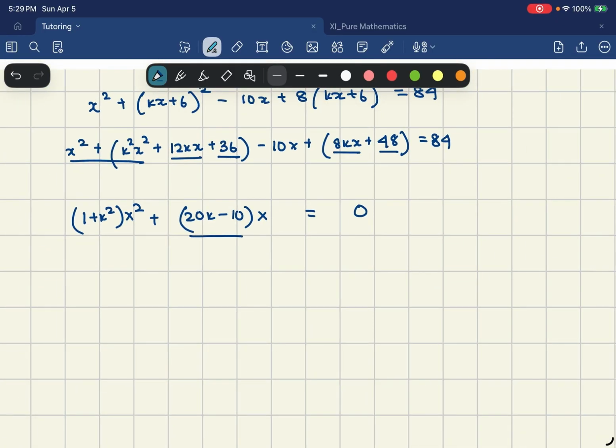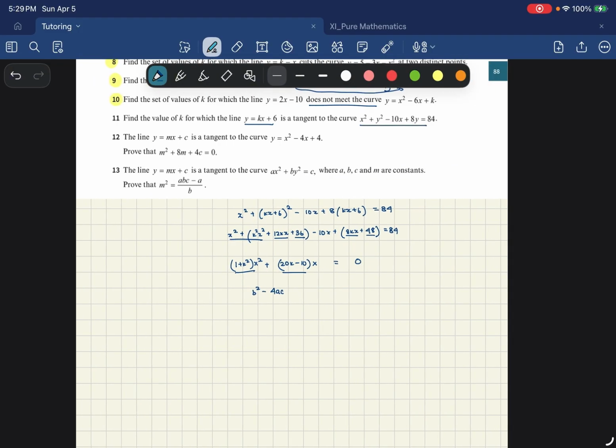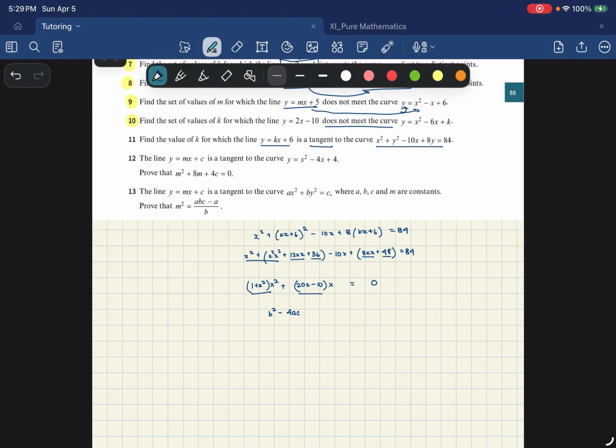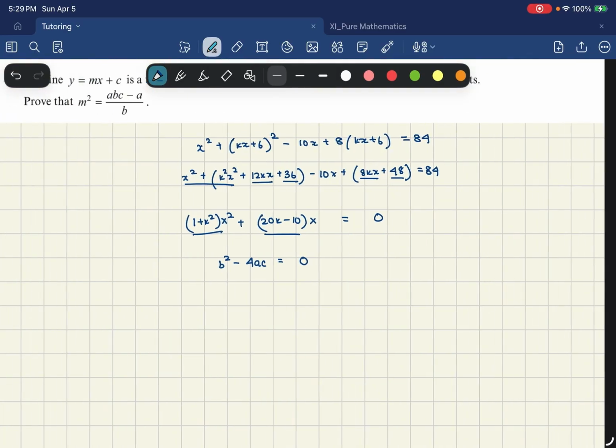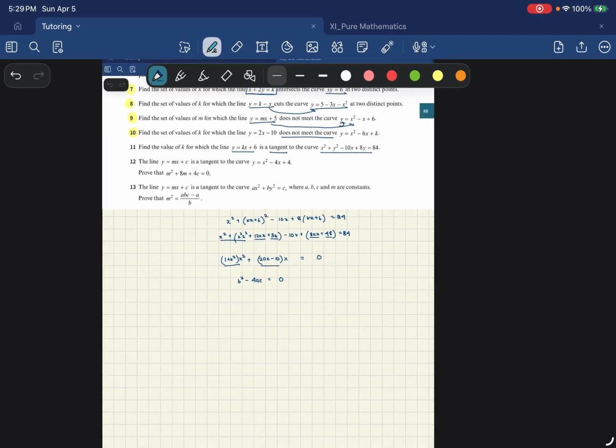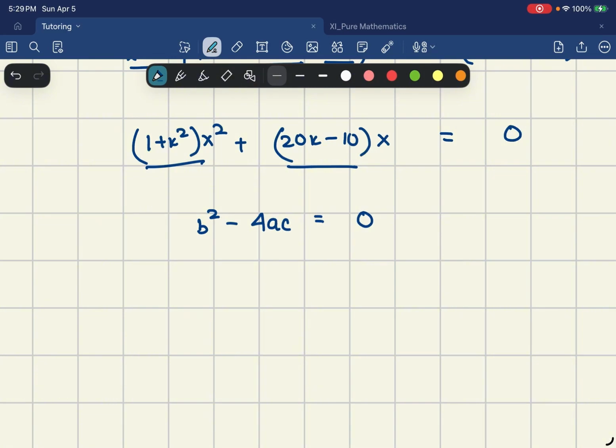And basically what I want is my b squared minus 4ac. It says tangent, so I want this to be equal to 0. Discriminant should be equal to 0 if I want it to be tangent to the curve, right? Only one repeated root or one point of intersection. So b is this expression, 20k minus 10, squared.